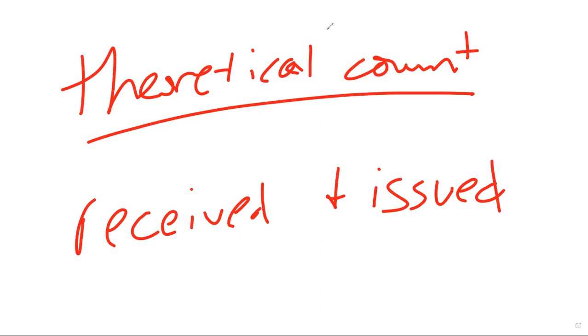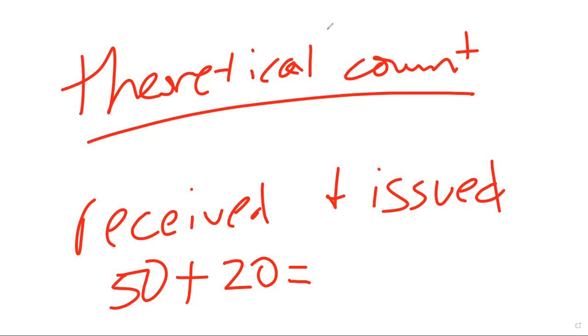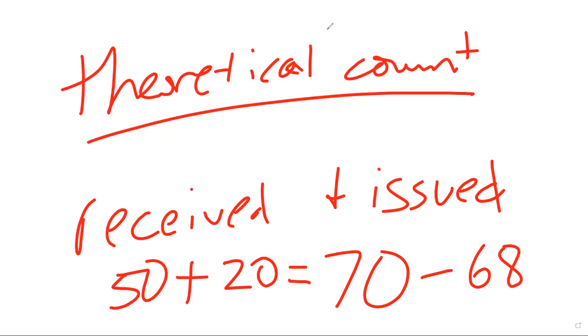Let's continue this conversation about red velvet cupcakes. So I start with 50, and let's say I had to add an extra 20 because I started selling a whole bunch of them, right? Then my theoretical is I technically had 70 to start with. And then I sold 68.